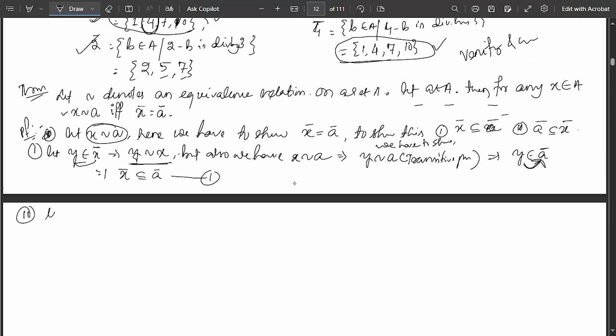So let me take an element y in the equivalence class of A. That implies that y is related to A. But we also have that x is related to A, so by the symmetric property A is also related to x.